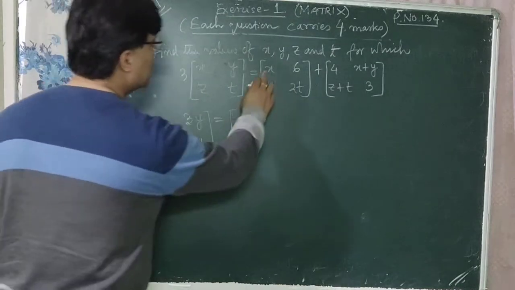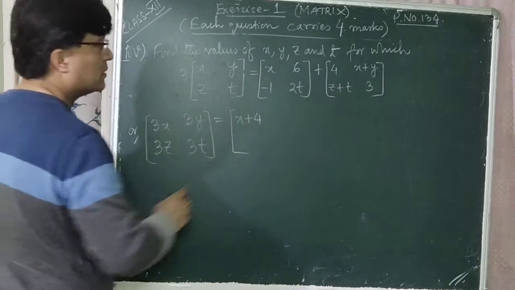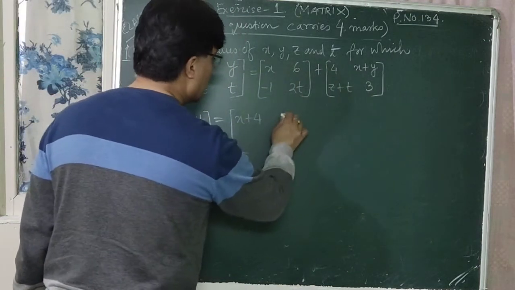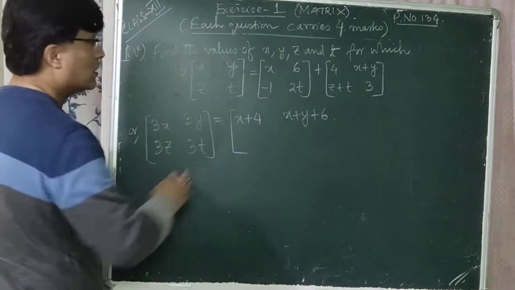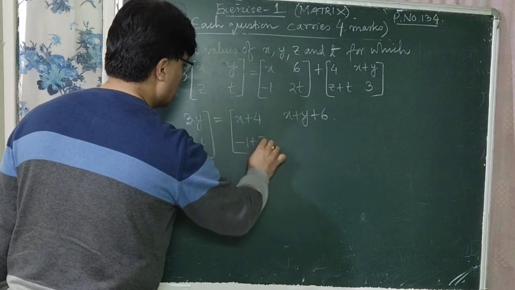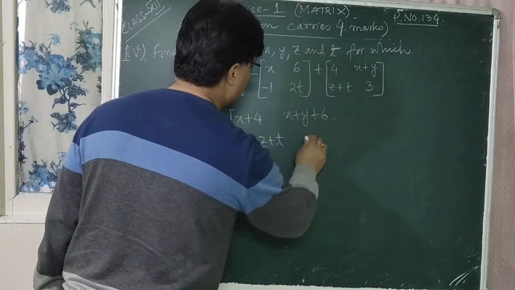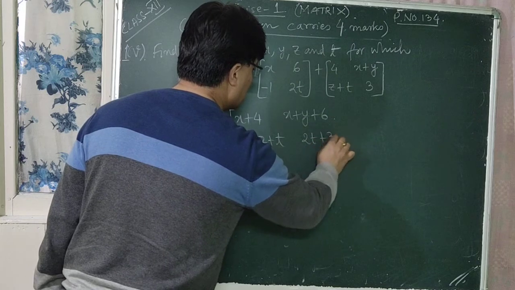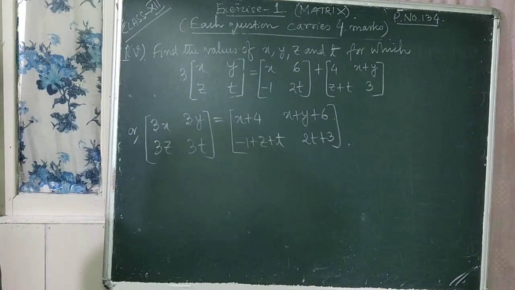So what do we get? x plus 4, first elements are added. Then 6 plus x plus y, that is x plus y plus 6, right? Then next, minus 1 plus z plus t. Next, 2t plus 3.